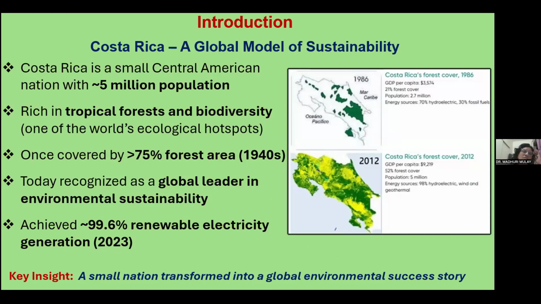So this is just the introduction of Costa Rica. It is a small Central American nation with 5 million population. It is rich in tropical forest and biodiversity. Once upon a time, the total forest coverage was more than 75% in the 1940s.